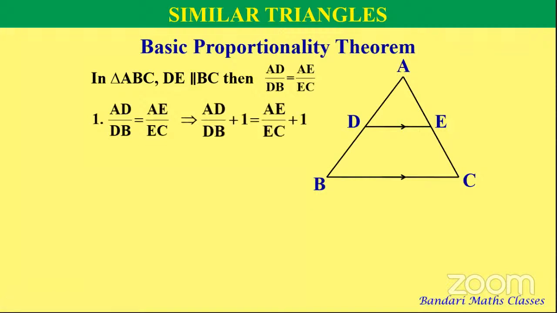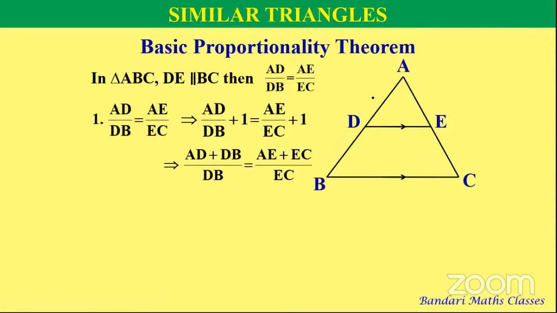Both sides we are adding 1. On the LHS, DB is the LCM, so AD plus DB by DB. On the RHS, EC is the LCM, so AE plus EC by EC. AD plus DB is the whole length.